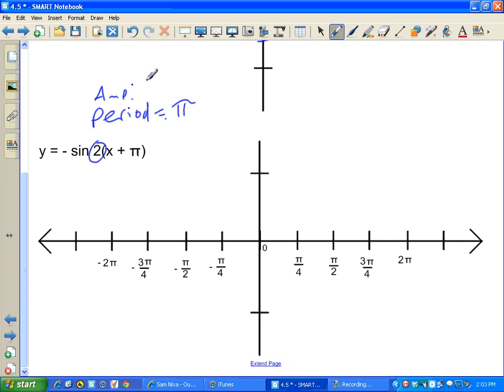Okay, so it's still 1, but I just have to remember that since it's negative, it'll be going in the opposite direction, up, down. Okay, so my start point is not moving up at all, but it is moving to the left, pi, because remember, this is always opposite. So my start point would be here. Okay, this would be my new 0, 0.